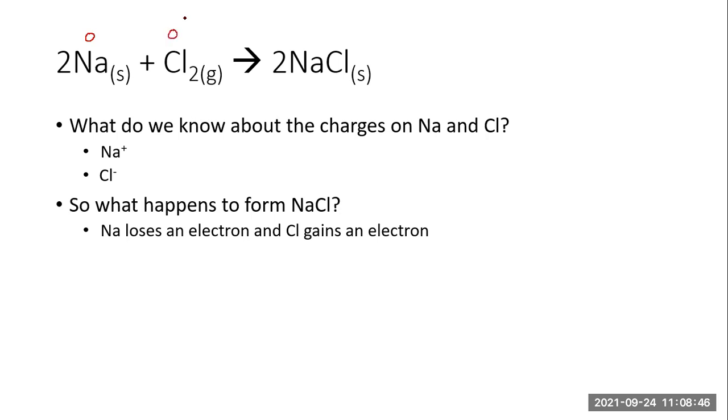Chlorine in its natural state does not have a charge. Remember that these things really only gain a charge when they come together. And what's going to happen in this case is sodium is going to transfer the electron over to chlorine, and sodium now will become +1 and chlorine will become -1. And it's at that point on the right-hand side when they come together that they actually do make a charge.